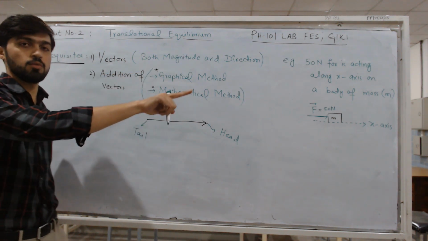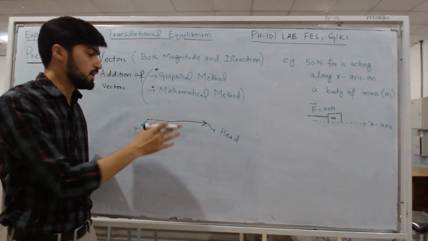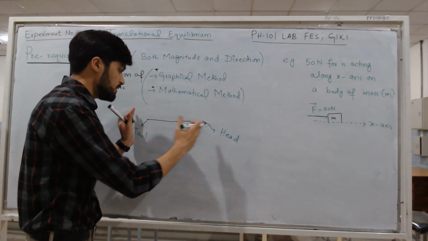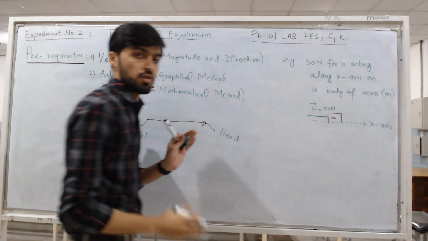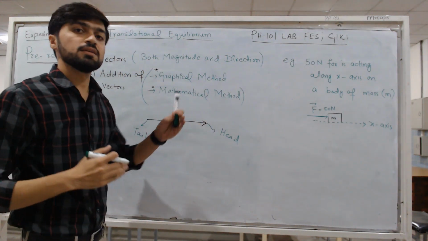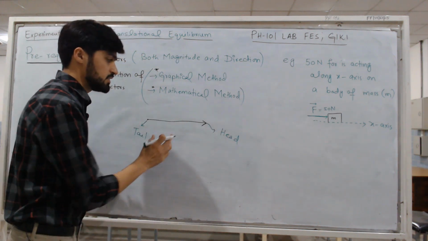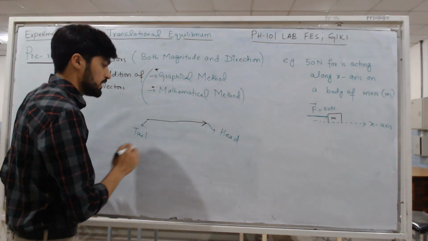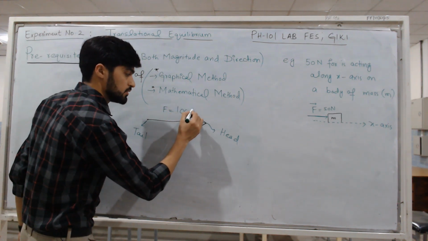The velocity of a body, the body is moving in this direction, so it can represent a velocity, it can represent a force, and the length of the vector determines the magnitude. So if the length is more, it has a larger magnitude, and if it is smaller, it represents a smaller magnitude. Let's say this is F is equal to 100 Newton.